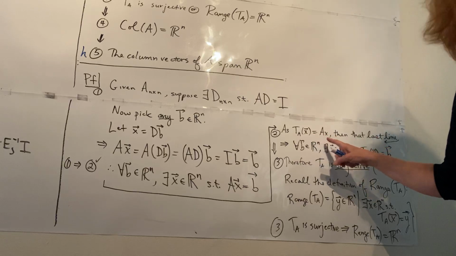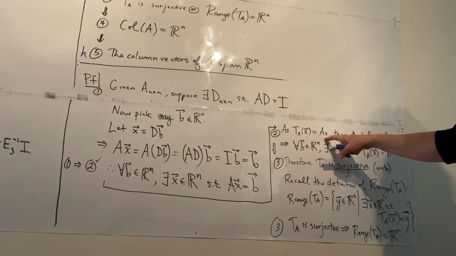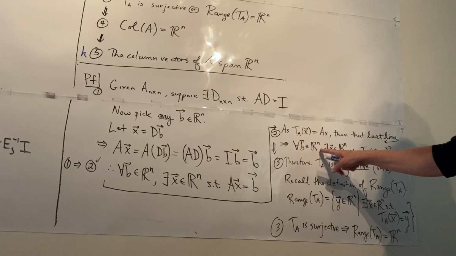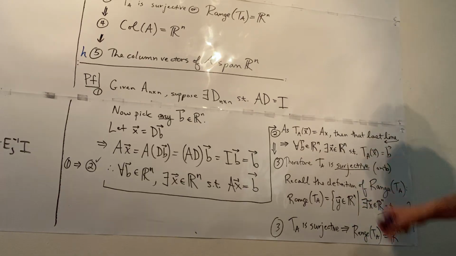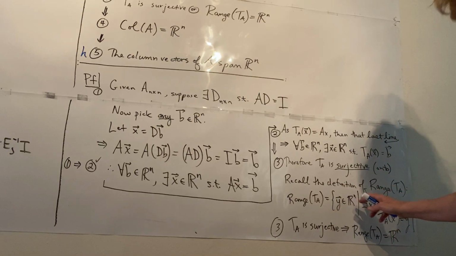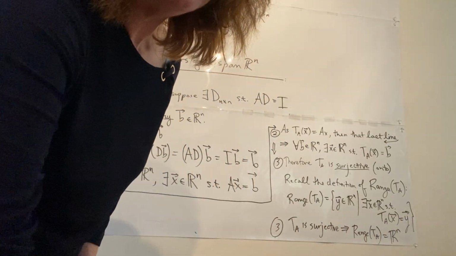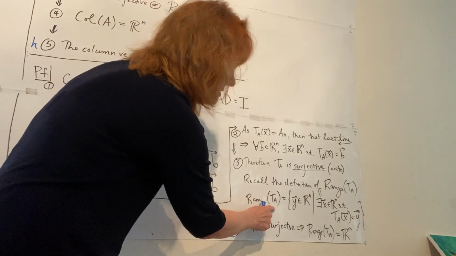Well, that's the same thing as saying, since T sub A of X is equal to A times X, we've just said that for all vectors in Rn, there does exist a preimage of that vector B called X under the mapping T sub A. So therefore T sub A is surjective, onto. And by the definition of range, so can you guys see this? By the definition of range, what's the range? You should know that.